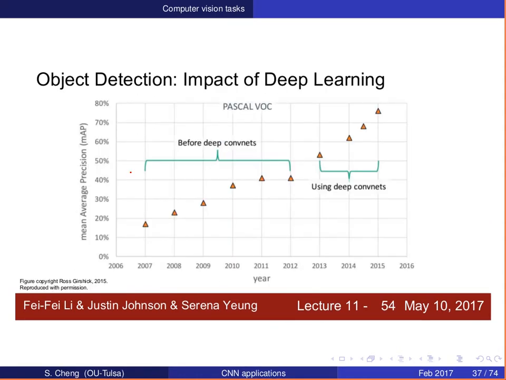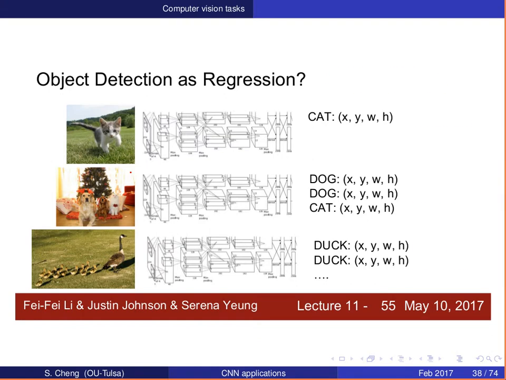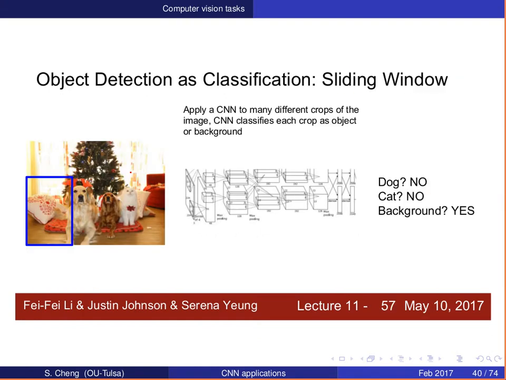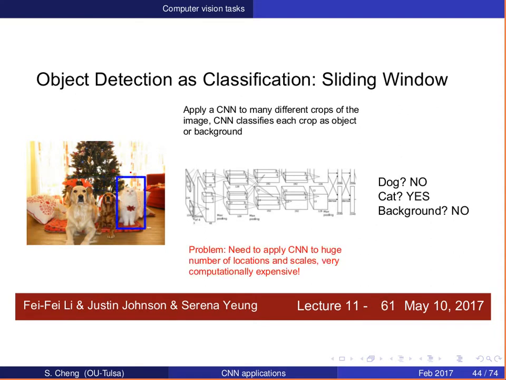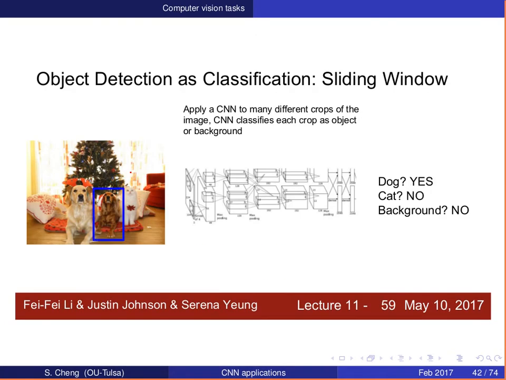What they did here is known as the RCNN. The most likely way to do this is, maybe we have an image here, and we're trying to recognize different objects, maybe dogs and cats. So we can do a sliding window approach, right?